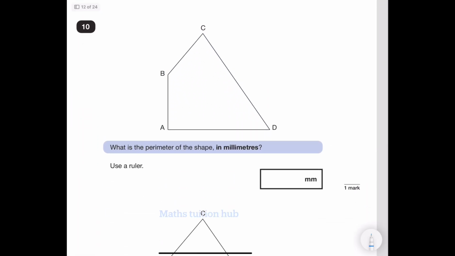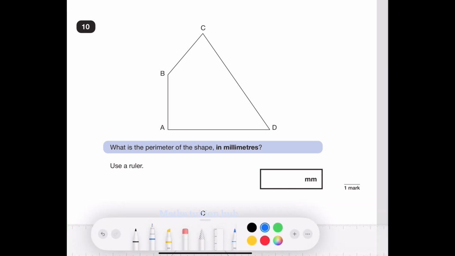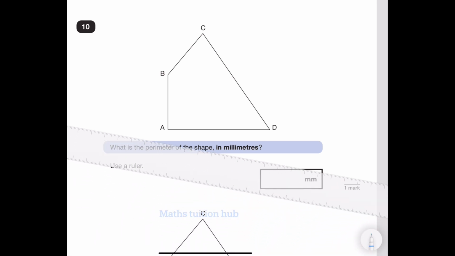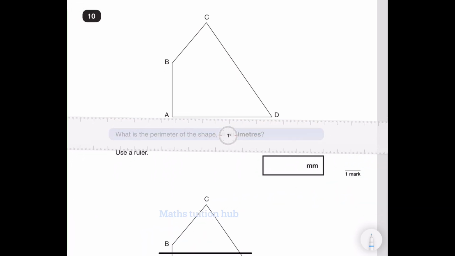So what is the perimeter of the shape in millimeters? Perimeter means we have to find each length of the shape and add all of them together. So we have to use the ruler to measure each length of the line in the shape.